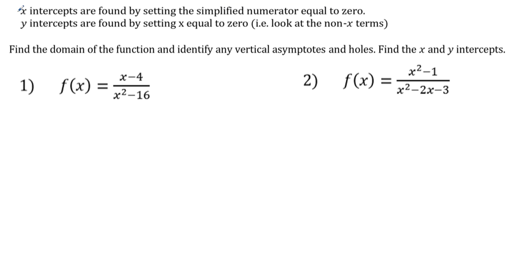So to find the hole on this, all we're going to do is go ahead and factor this. Okay, we're going to have x minus 4. Difference of 2 squares, you're going to have to get used to that. And simplified form is 1 over x plus 4. And that's going to be your parent function shifted left 4 again. Okay. So we've seen this.